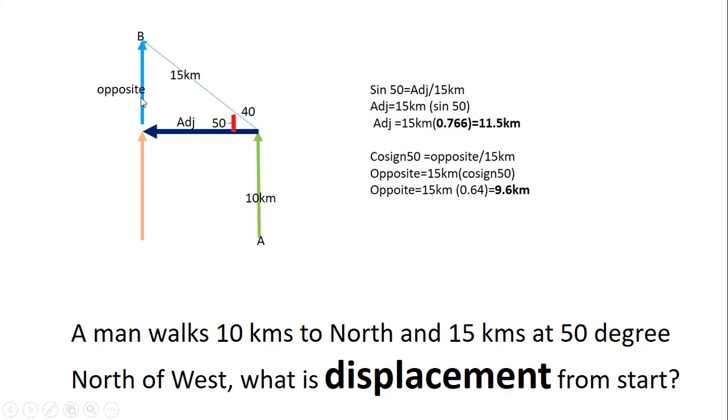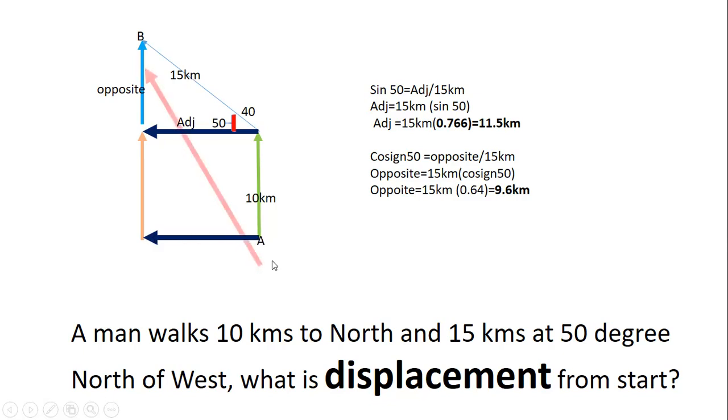If we move this axis leftward toward the negative x direction, the 10 kilometers would also become 10 kilometers in the north direction, right? And the adjacent line to the 50-degree angle is the same as this line, right?